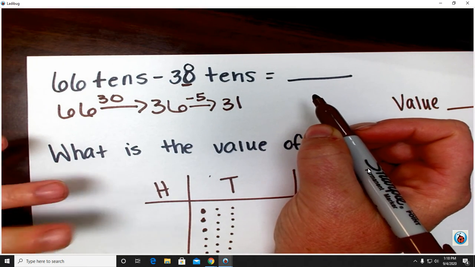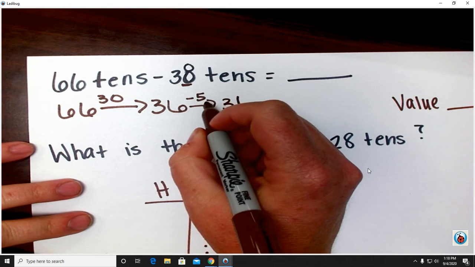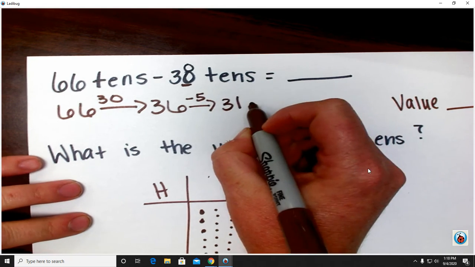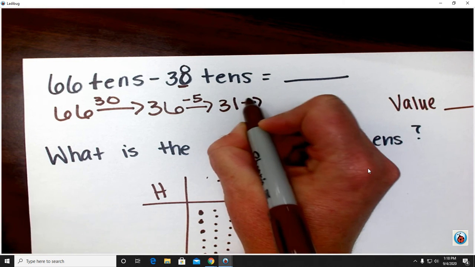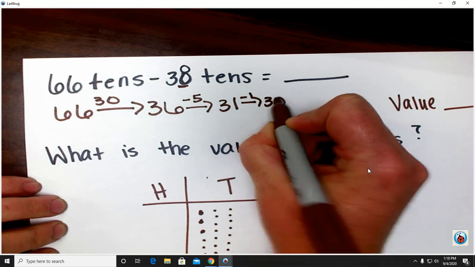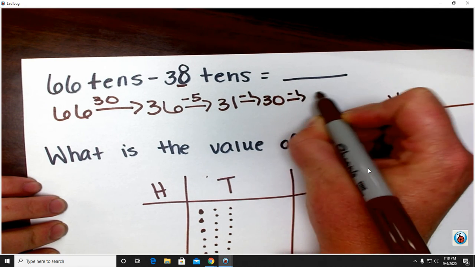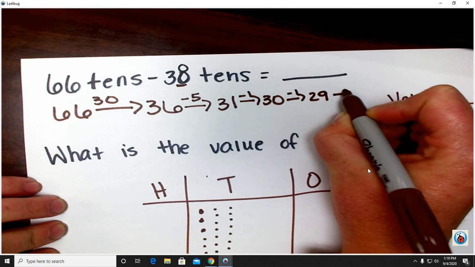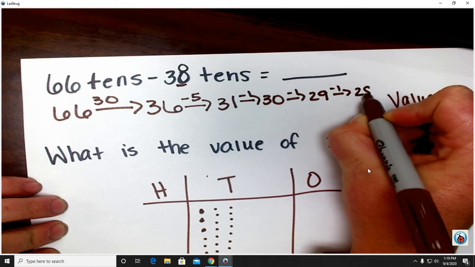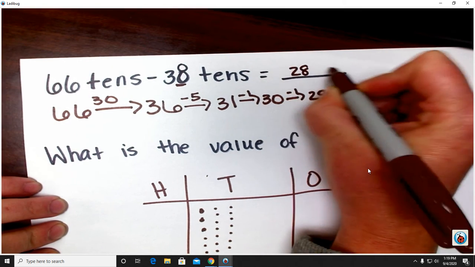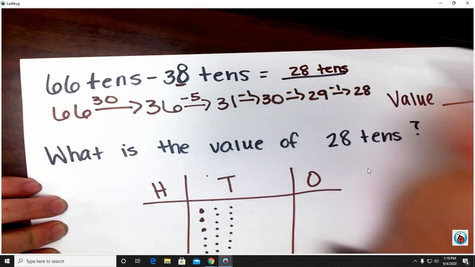And then I have 3 more ones I have to subtract. So I'm just going to go minus 1, which is 30, minus 1, which is 29, minus 1, which is 28. So I have 28 tens.